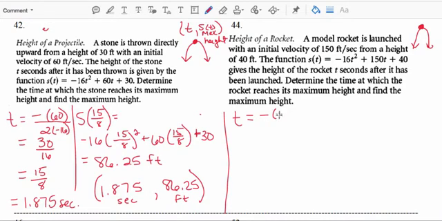So we have negative 150 over 2 times negative 16. A negative divided by a negative will be positive, and then I'm just going to go ahead and reduce 150 by 2, which is 75 over 16. I don't even know if that reduces. I do not think that reduces.